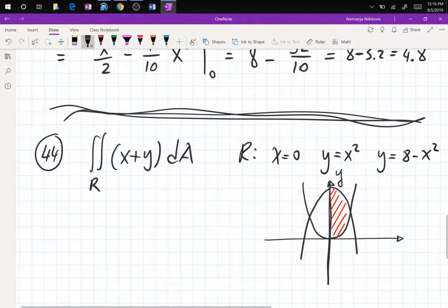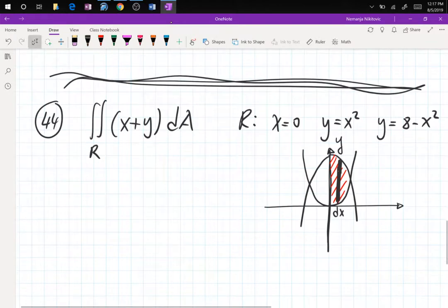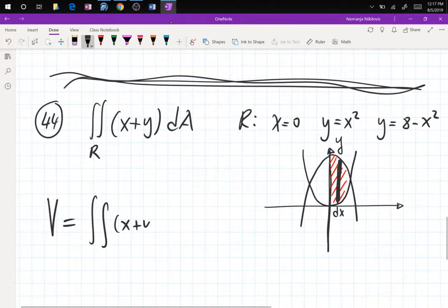So now I'm going to draw the representative rectangle, delta x. And we are ready to set up this volume. We are integrating x plus y. And now, because we drew dx, we have to put dy dx, whatever we draw, that fits.